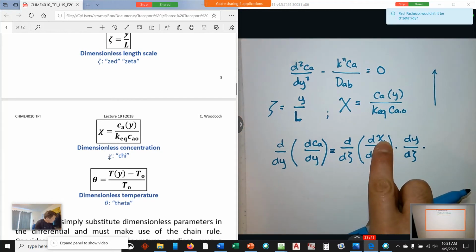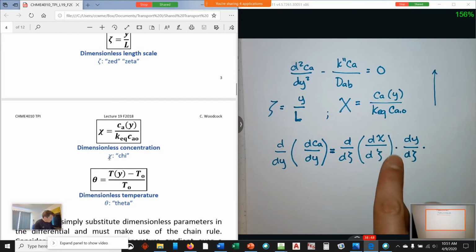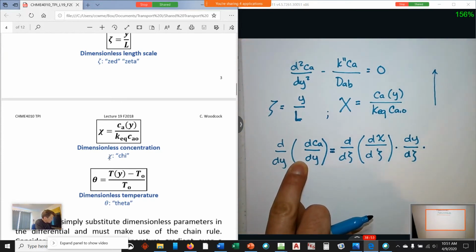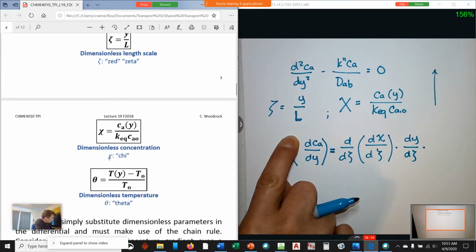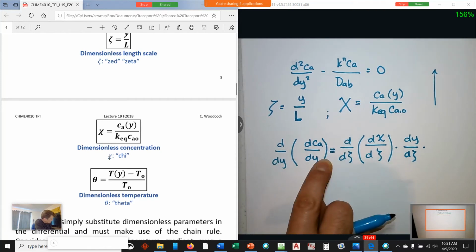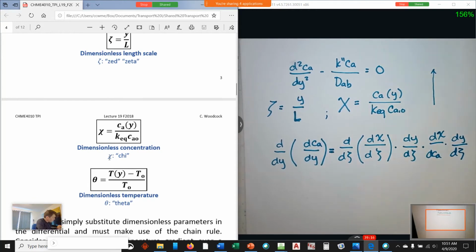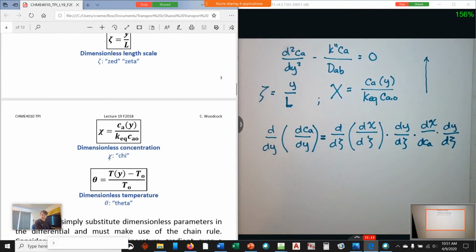So this is going to be transformed into, if I wanted a d chi d zeta, I needed to multiply this thing by dy d zeta and a d chi dCA, and also another dy d zeta.